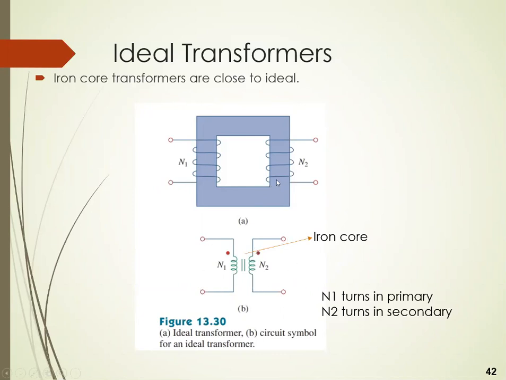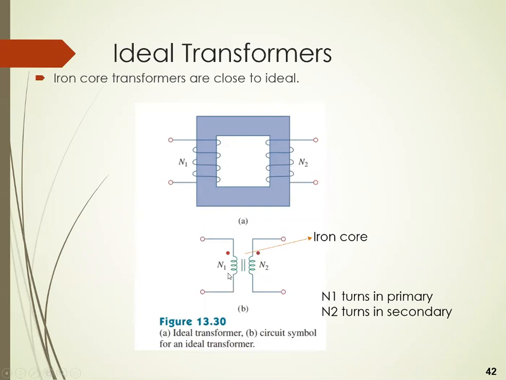Of course, an ideal transformer physically includes some kind of core where you have the coils turned around one side and the coils turned around the other side. So for an ideal transformer, this is the symbol that we're going to use.